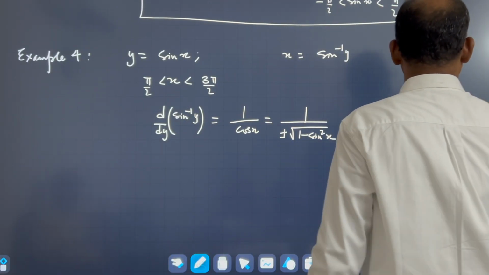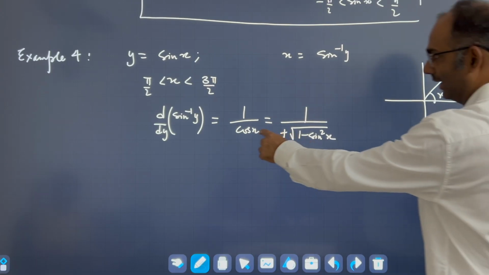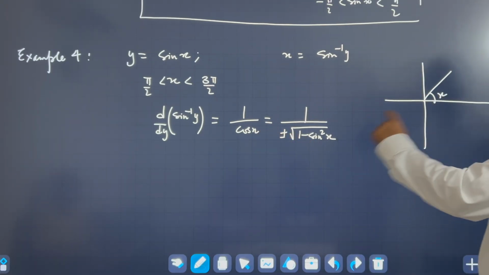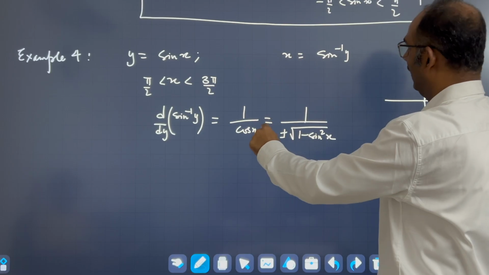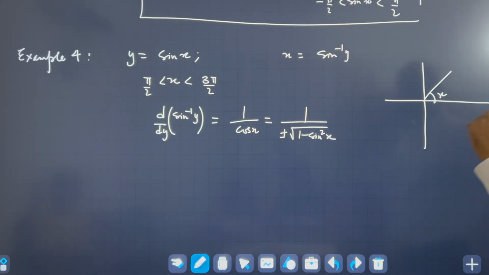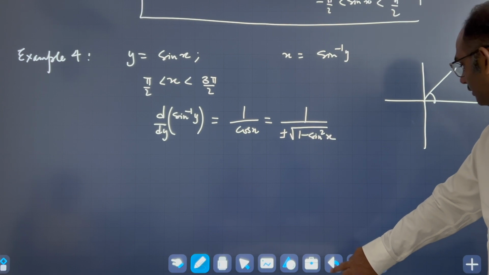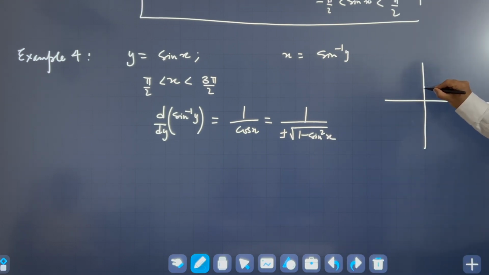So when your angle x, not this angle now, that's x, right? You understand, right? This is the angle x. It's not this x-axis. Okay. So cos of x, where x lies between pi over 2 to 3 pi over 2. Okay, second or fourth quadrant. So this is pi over 2, and this is 3 pi over 2.